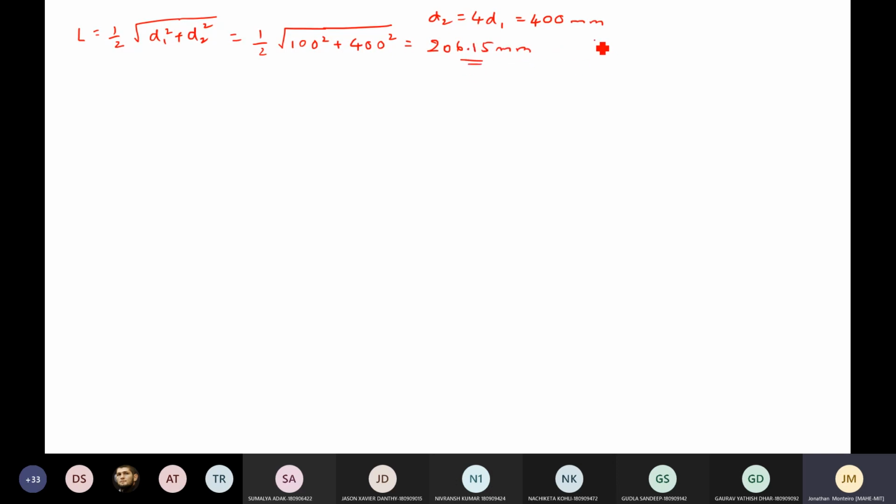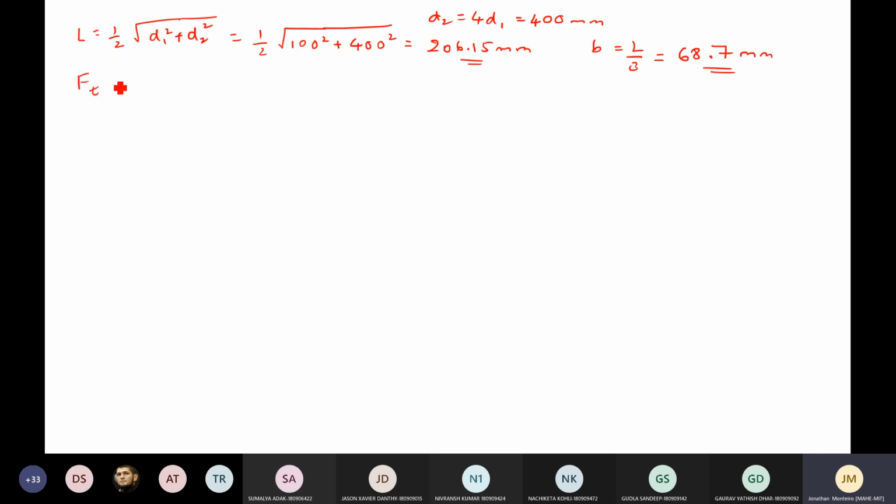If L is this much, then B is equal to L by 3, which should come around 68.7 mm. So the B value is 68.7 and the L value is 206.15. Okay, we can immediately find out.